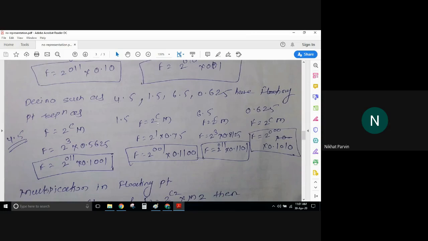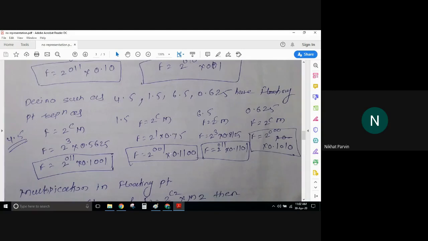So you can experiment with having the C value more and then multiplying with the mantissa, and your answer will be compensated. Like here I have taken 2 power 1, nothing but 2, and it is 2 into 0.75, because I am free to take m values from 0.5 to 1.